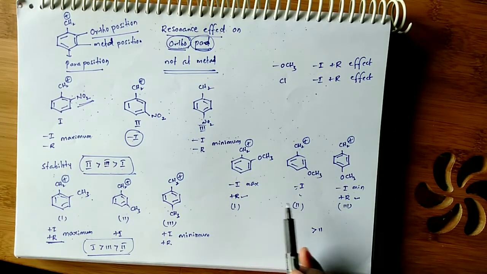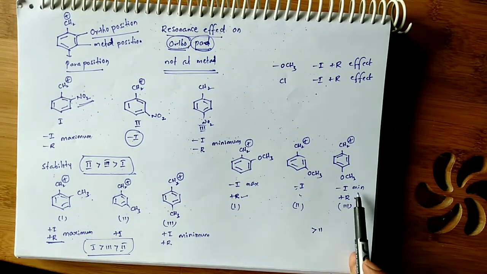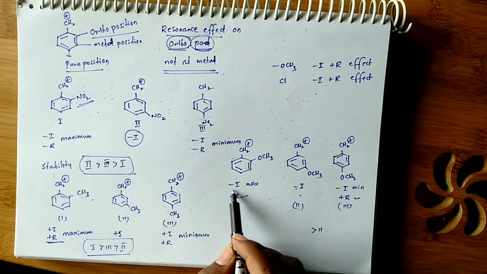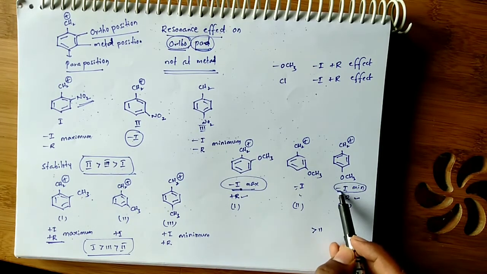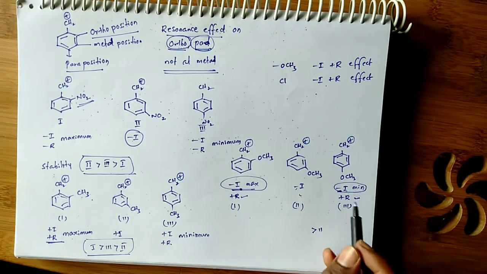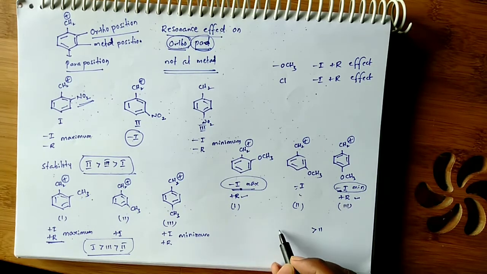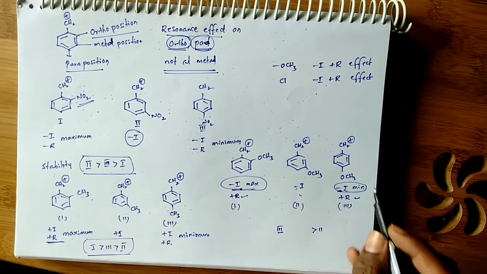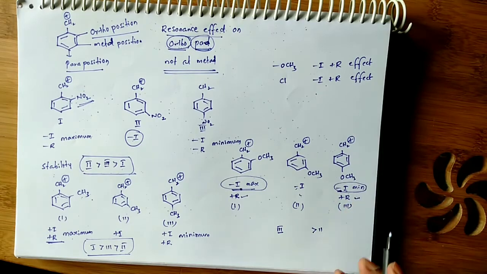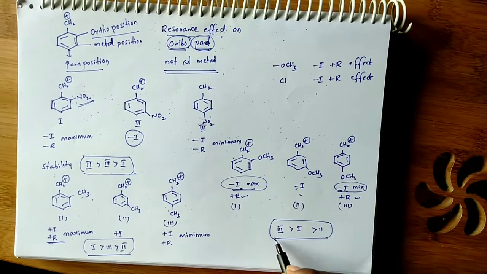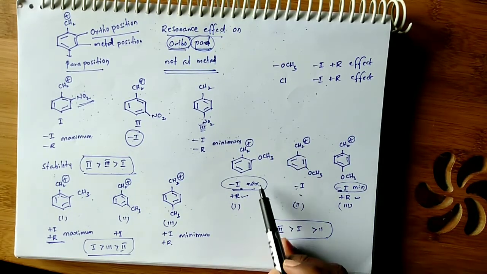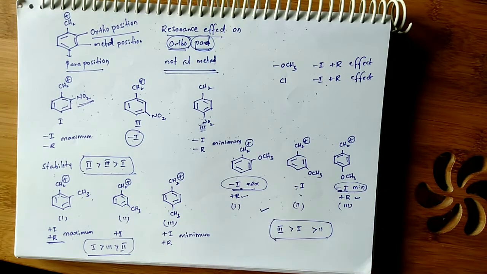Minus I effect destabilizes the carbocation, we know that. So here it is more destabilizing, and here less destabilizing. I hope you are following. So the third one is more stable because the minus I effect is minimum here. Then after that the first one. This is the stability order of the benzyl carbocation when a minus I plus R group is present.